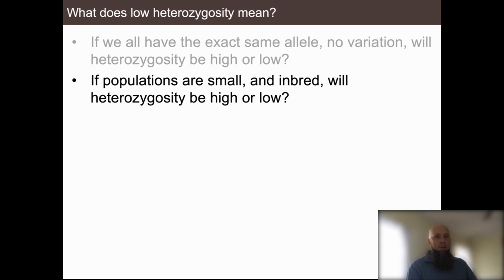And when heterozygosity is low, it's not good, okay? Heterozygosity being high means there's lots of genetic variation, okay? And it should make sense to you now that for the fitness of a population, it's good to have lots of genetic variation, okay?